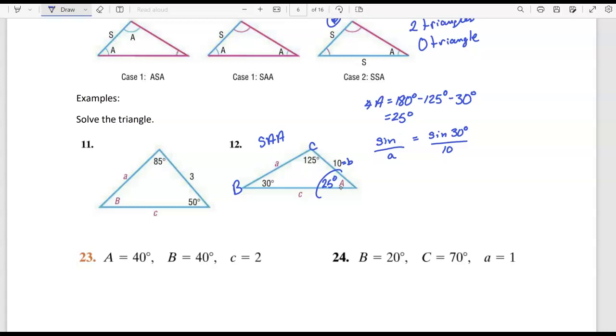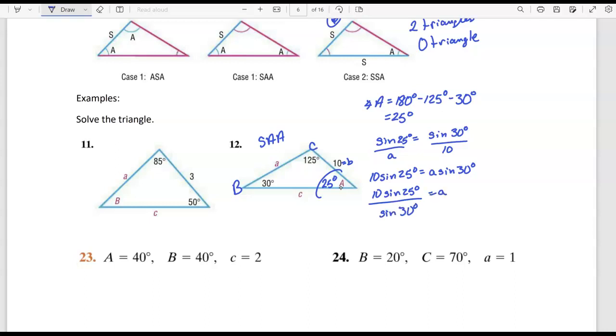And we know what A is. A is 25 degrees. So we're going to cross multiply. So we're going to have 10 sine of 25 is equal to A sine of 30. Now remember, sine of 30 is just a number. So we're going to divide by that. 10 sine of 25 divided by sine of 30.